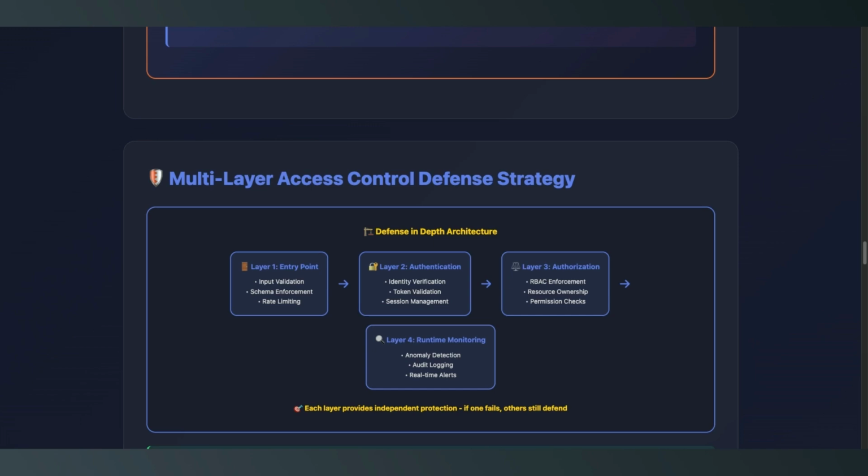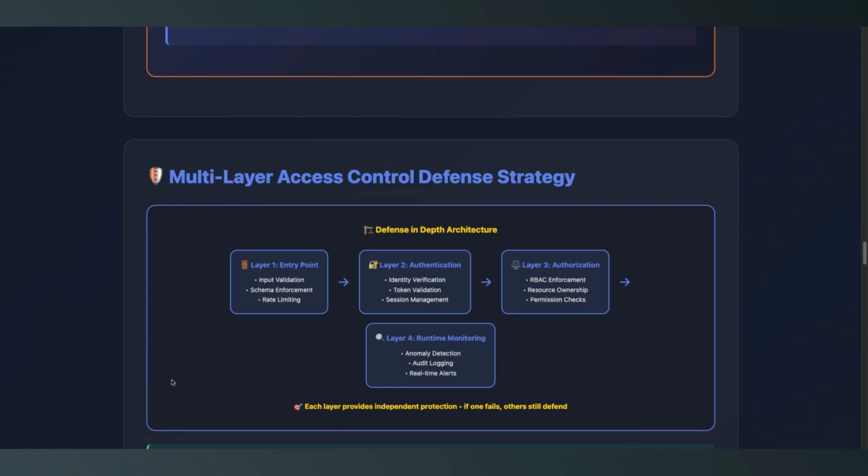For authentication, we should verify the identity token and session, and as part of authorization, we should enforce RBAC and validate that the request the user made is against the session he belongs to. There should be proper resource ownership defined, as we discussed with the example of the file system, so we should have proper resource ownership validation.